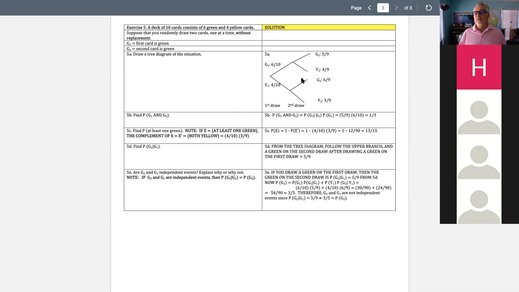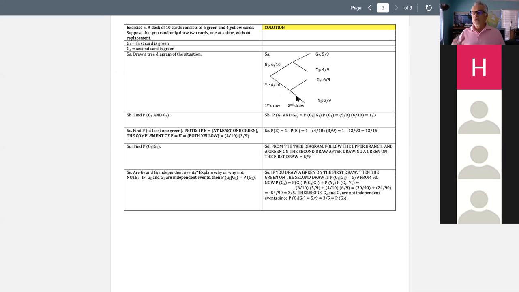Or let's do it a different way. What's the complement of at least 1 green card? Well, if they're both yellow, you don't get at least 1 green card. So what if we calculate the probability that they're both yellow, which is this branch down here.